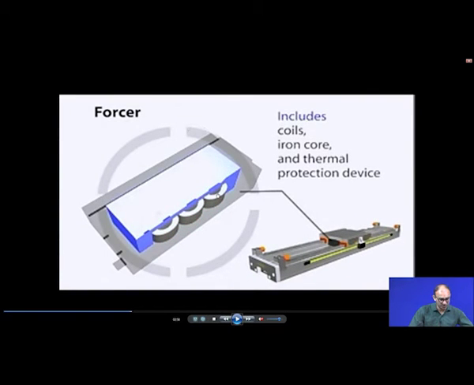So, the forcer, this part, includes the coil, because you have to create an electrical signal here. The iron core is there, because it is something like an electromagnet, and thermal and protection devices, because you have to isolate this from electrical problems.